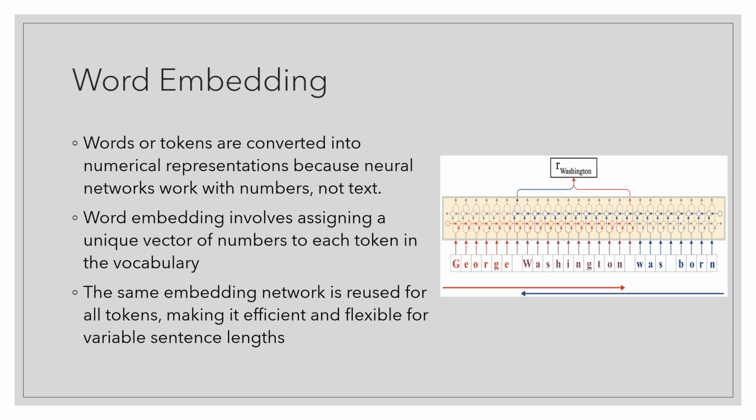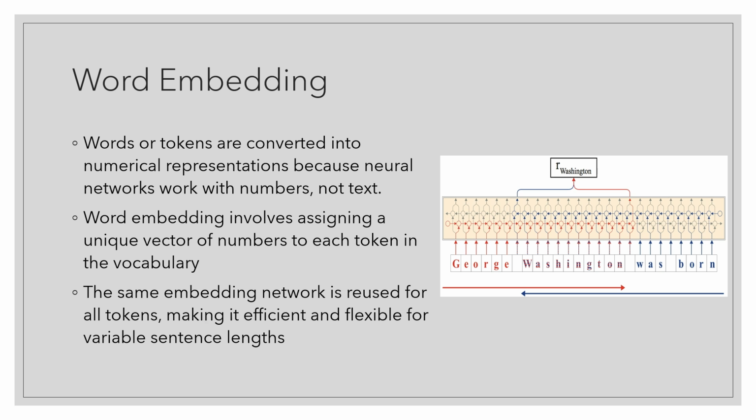Well, I mean they have numerical representations, but still, word embedding involves assigning a unique vector of numbers to each token in vocabulary. It varies between the AI models, but relatively they have the same rule.